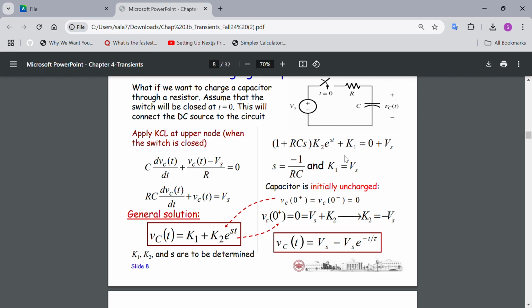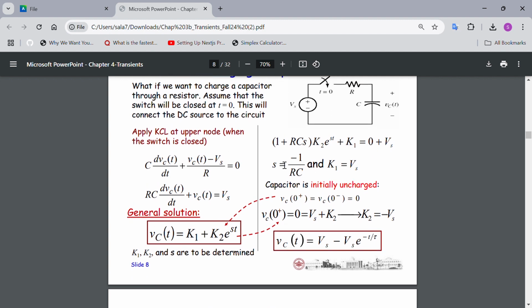The conclusion is that 1 plus RCs times k2 e to the st equals 0, and k1 equals Vs.